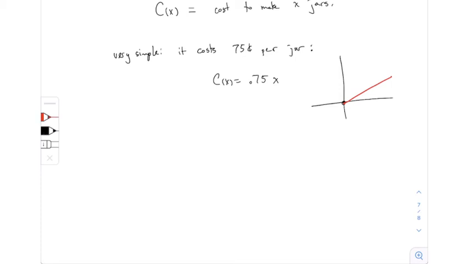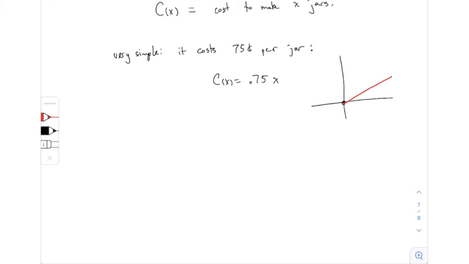More realistically, though, in a real business, it's not just a matter of each of the things I'm making costing me a certain amount per thing. There is some of that, but I also have to buy the equipment to make whatever I'm making, or I have to pay my employees. The cost is not always directly related to how many of the things you're making in such a simple way.